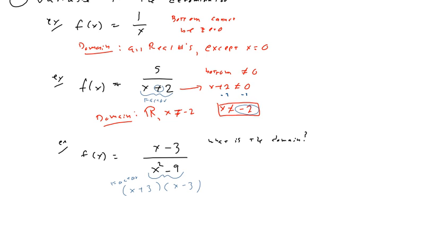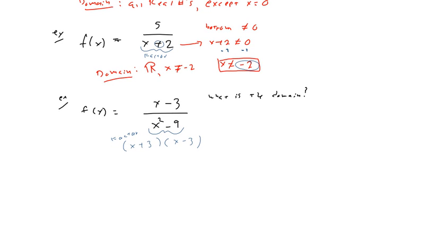We want to take this x squared minus 9 and break it into the two parentheses that we see here. And so this function now is x minus 3 over x plus 3 times x minus 3 on the bottom.